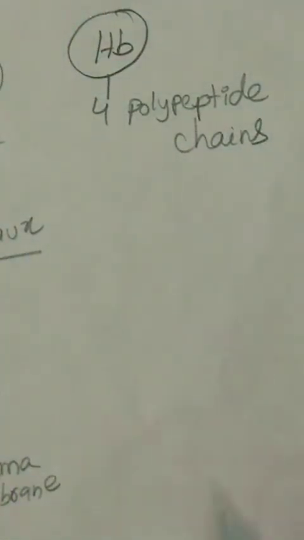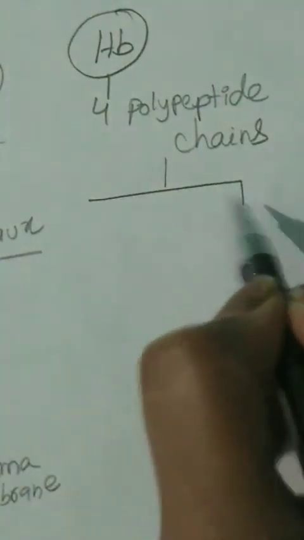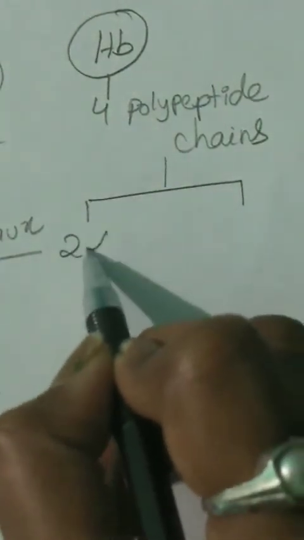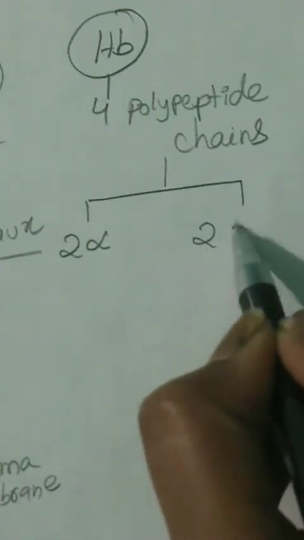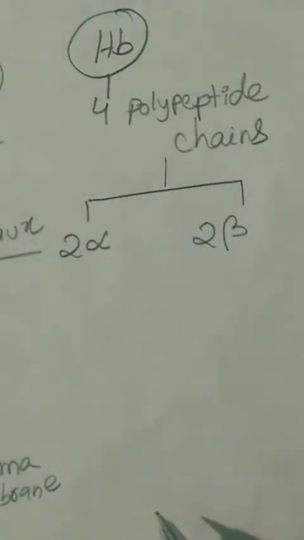What are the 4 polypeptide chains? 2 are alpha chains and 2 are beta chains.